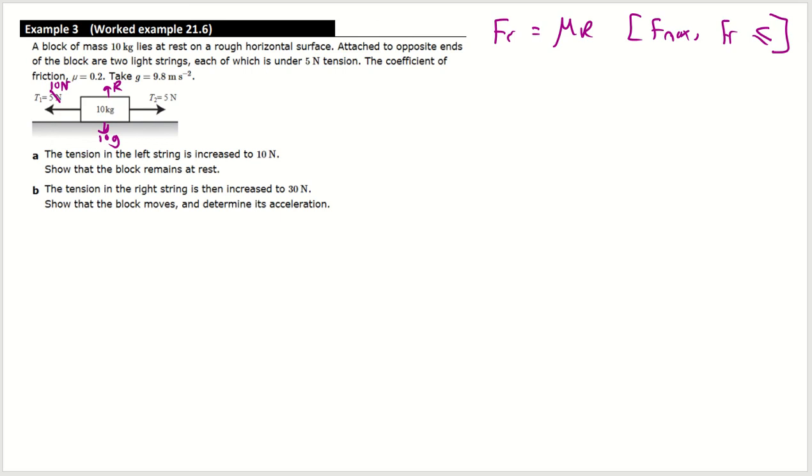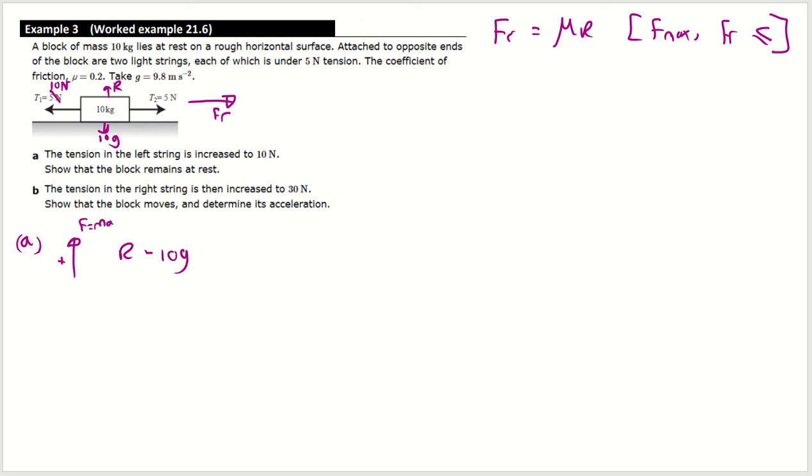So in the first part it says the tension, as I said, is increased to 10, but it remains at rest. So if this is the bigger force, that means that friction is going to be going this way. So in part A, we need to look at the vertical forces. So you can do this as an F equals ma. So R going upwards minus 10g.